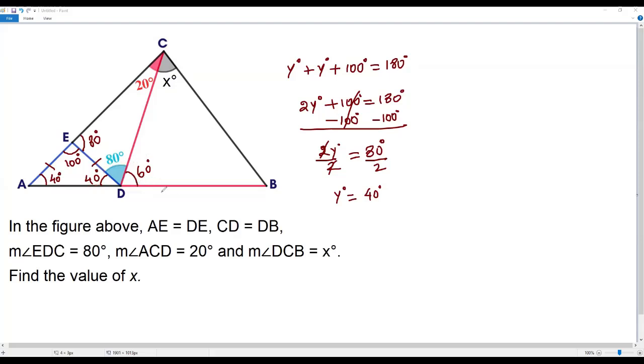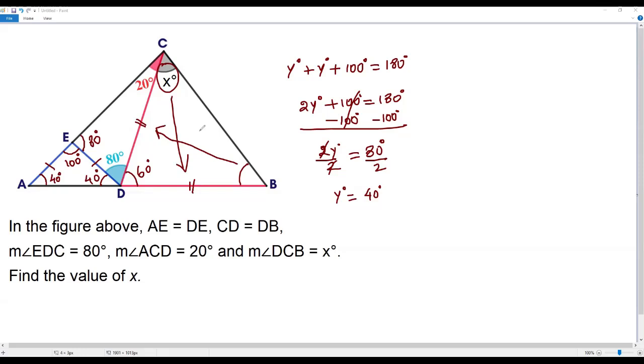Also there is information in the question that CD and DB are equal. That is, in the triangle BCD, the line segments CD and BD are equal. In a triangle, if two sides are equal in length, the interior angles opposite those sides must be equal in measure. So this angle is opposite to the side BD, and the angle at vertex B is opposite to the side CD.